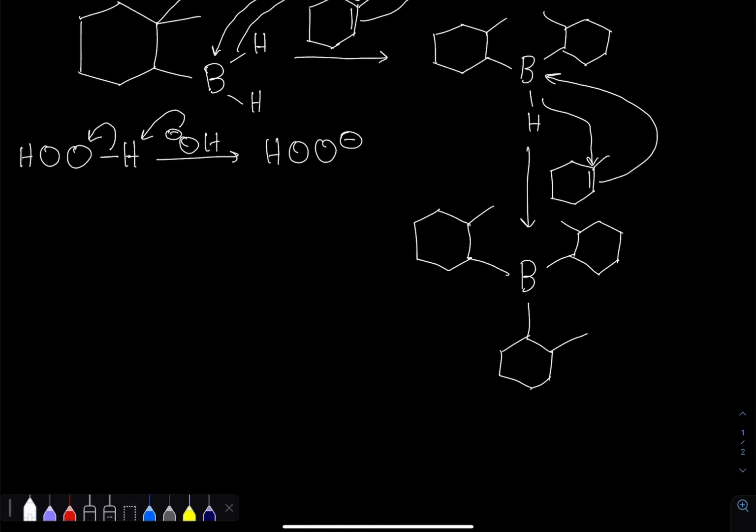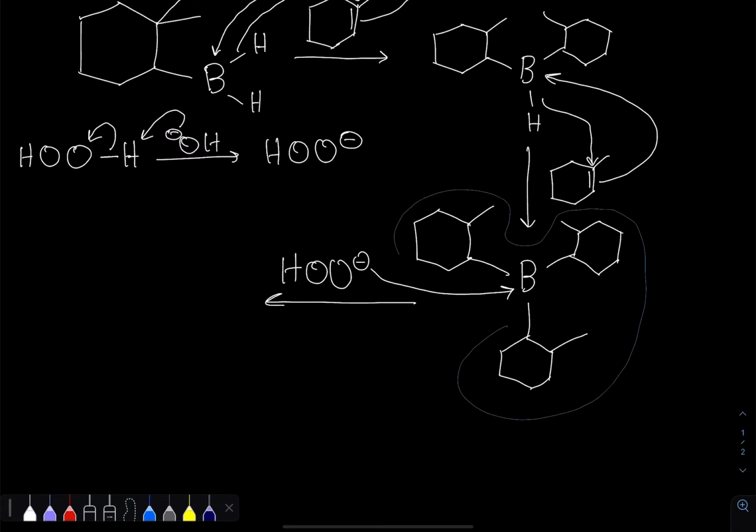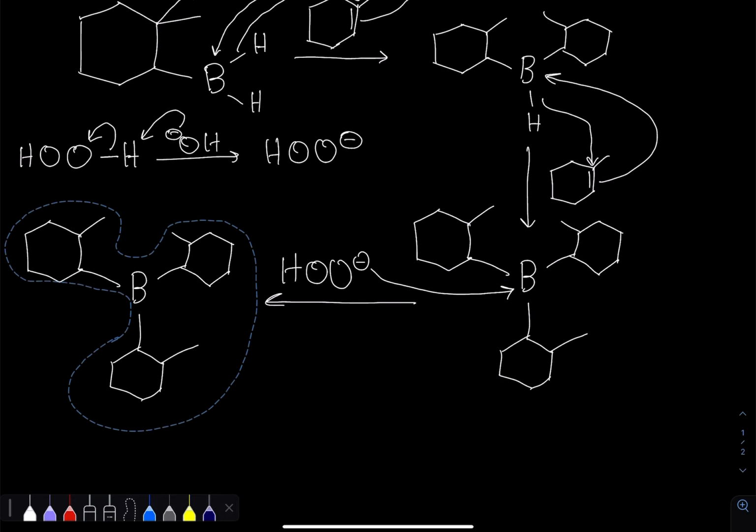So now this can come in and react with what we have here. It can come in and attack the boron atom, in which case we're going to get a certain product. Not the whole product of the reaction, but just the product of this individual event.